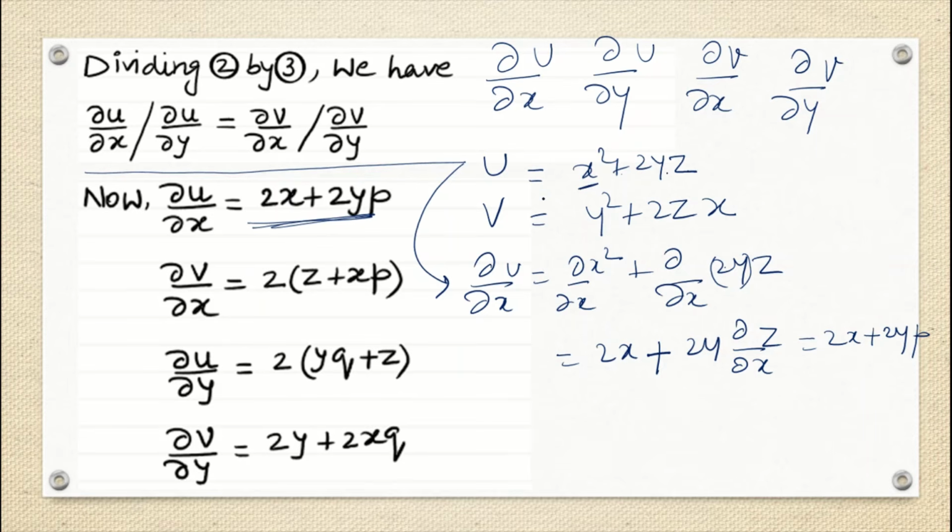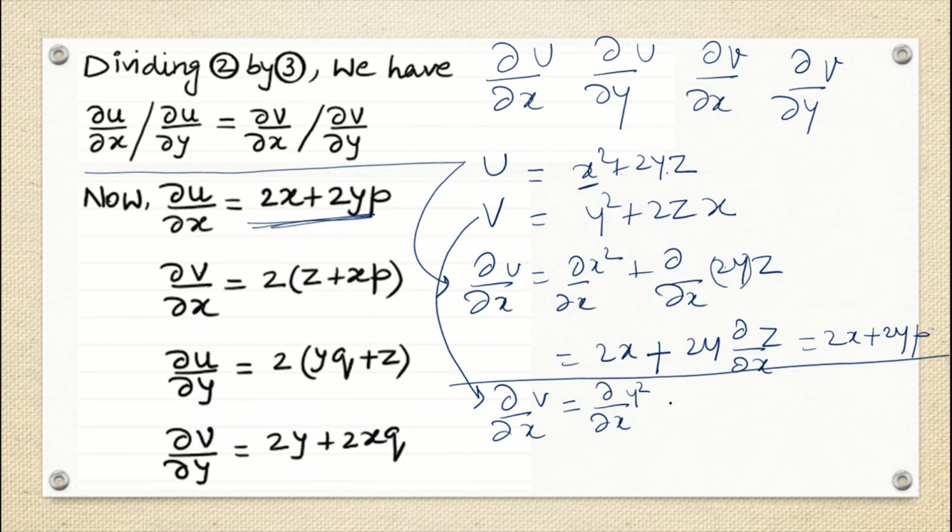Now we are finding del by del x of v. It is nothing but del by del x of y square, and then plus del by del x of 2zx. Del by del x of y square will be 0 because y is constant with respect to x when finding the partial derivative.